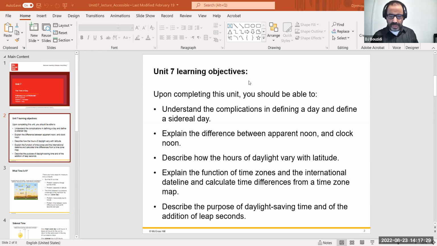Again, Unit 7 deals with the day and how the day is defined. You see from this unit already, from what we covered so far, astronomy plays a major role in everyday life in general, not just in science.